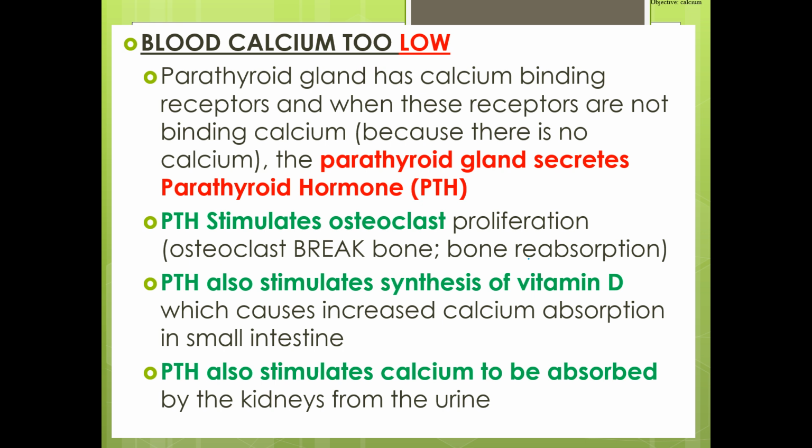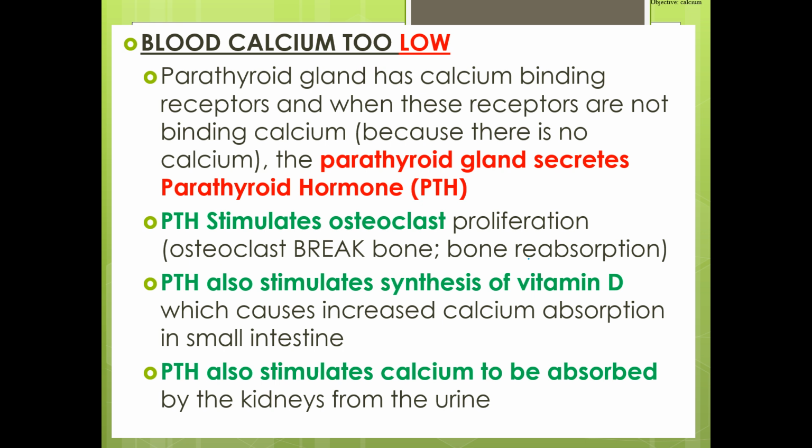So again, parathyroid hormone also stimulates calcium to be absorbed by the kidneys from the urine. So your kidneys, their job is to take the blood and clean it out and send the waste out in the form of urine. Well, some of that waste could be calcium. So what the parathyroid hormone does is, it says, oh, wait a minute, you want me to keep the calcium? Don't send it out in the urine. Keep it.